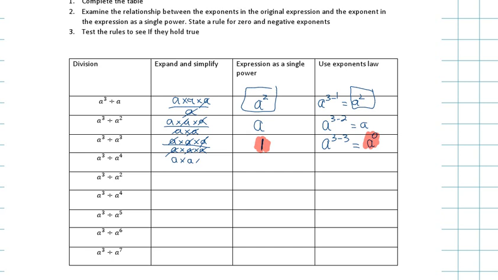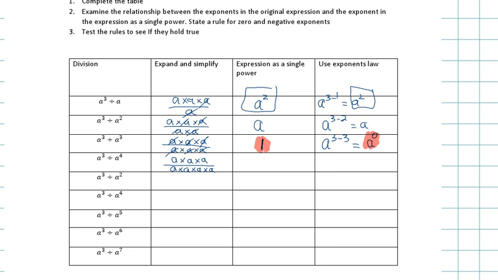So why isn't it just a? Because if it's a, that means it's a to the power of 1, right? But it's not. So you have to write 1. A to the power of 0 is equal to 1. So it's the same. It's the same.